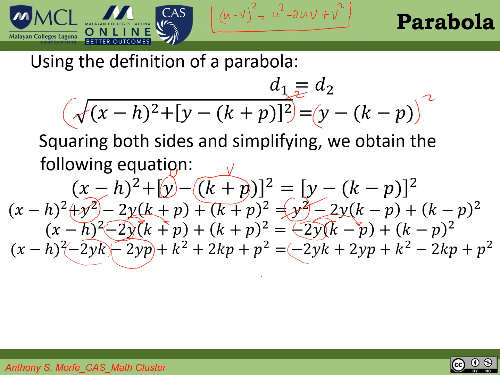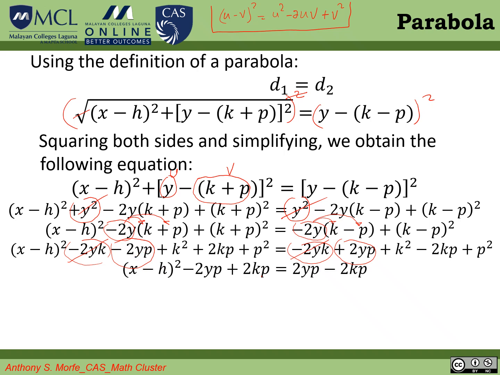Okay, so we have this one, product of these two, then product minus minus, so this becomes plus. Alright, then expand this one using again this formula, square the first term, this is minus, so minus also twice the product of the first and second term, then plus square of the second term. Okay, so the left side has negative 2yk, we have negative 2yk, negative 2yp, we have positive, so we cannot cancel that one, you can combine that later.